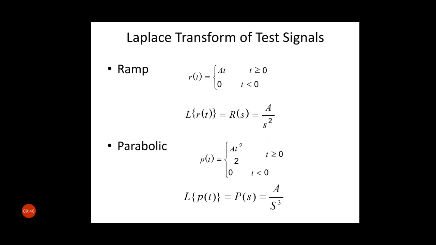If we want to do the Laplace transform of ramp signal, then it is A by s square. If your ramp signal is unit ramp, then A equal to 1, and the Laplace transform of the unit ramp signal is 1 by s square.